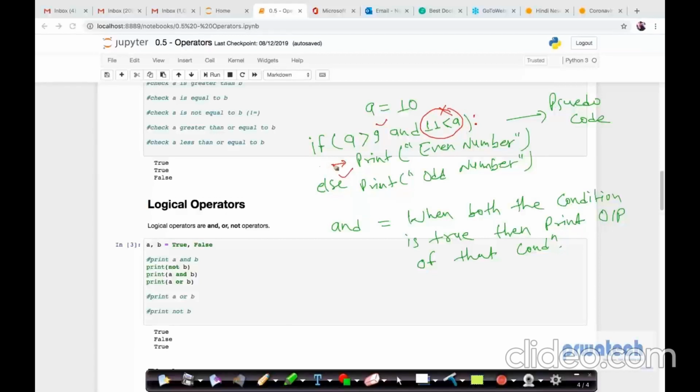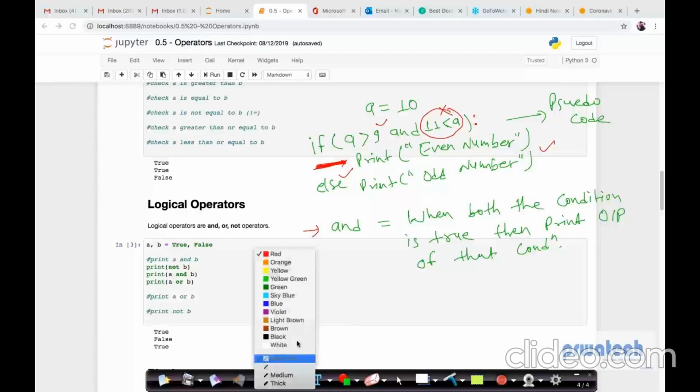It will directly jump to else and print this, because one condition fails. So what I have written here is justified: when both the conditions are true, then it prints the output of that condition. Second is the OR operator.